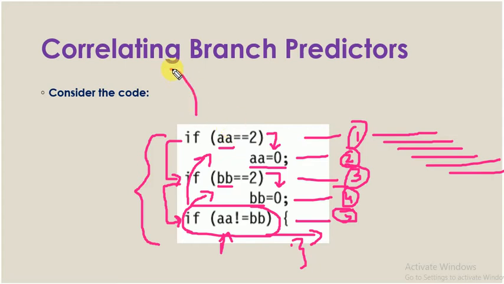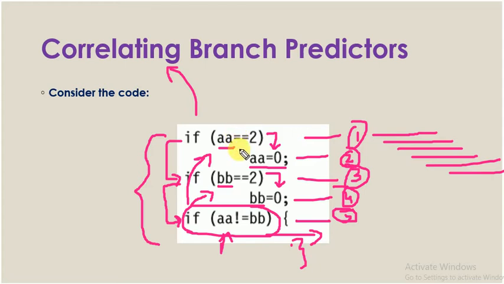That is why it is called correlating branches, and the prediction is done based on these correlating branch operations. So this branch does not only depend on its own behavior, it also depends on the behavior of its correlating previous branch operations.